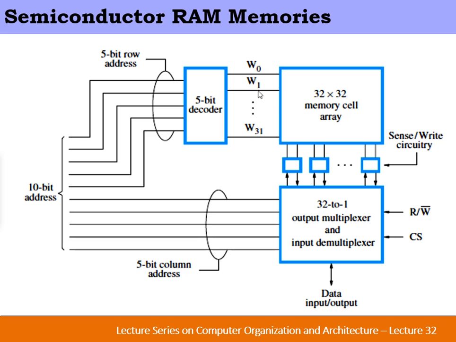For example, say the W1 line becomes active according to the input address given. Whenever the W1 line becomes activated, all the 32 cells in that row become activated, so all the 32 bits of information will be available in the sense/write bar circuitry.